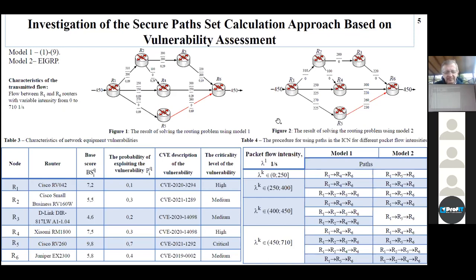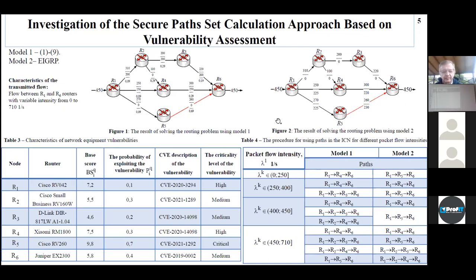To assess the effectiveness, a comparative analysis of the proposed approach was done using two models. Model 1 is a flow-based model based on the metric of the EIGRP protocol. Model 2 is the other comparison model. The results of the use of network paths for different packet flow intensities using model 1 and model 2 are given in table 4.